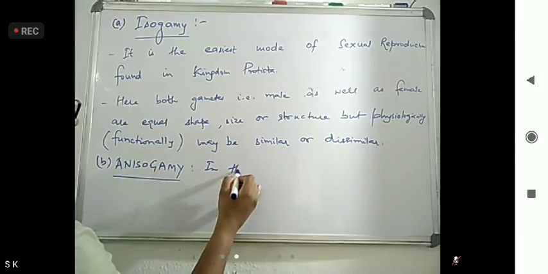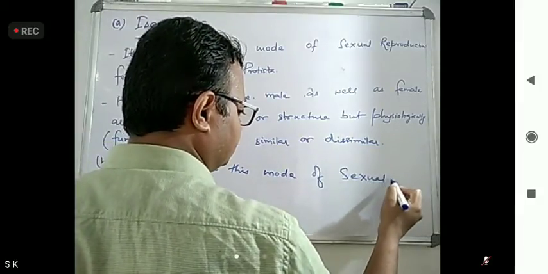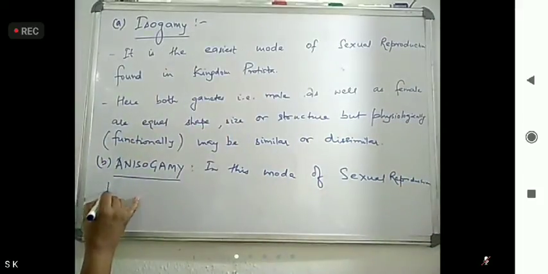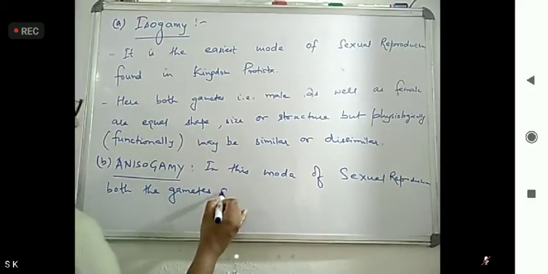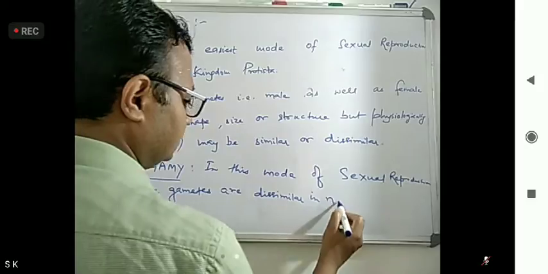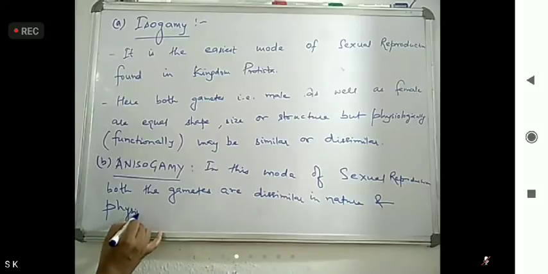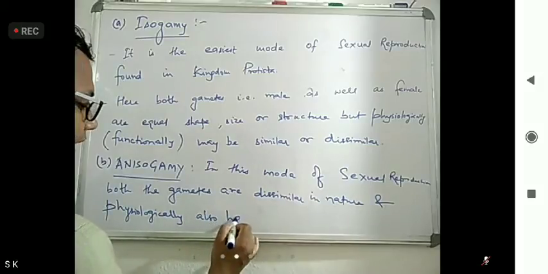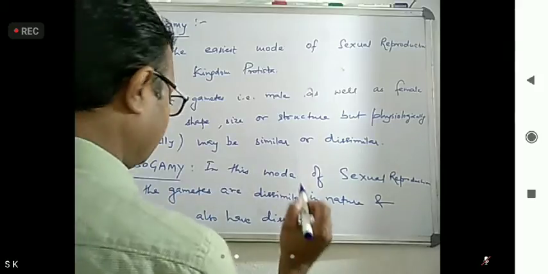In this mode of sexual reproduction, both the gametes are dissimilar in nature and physiologically also dissimilar.